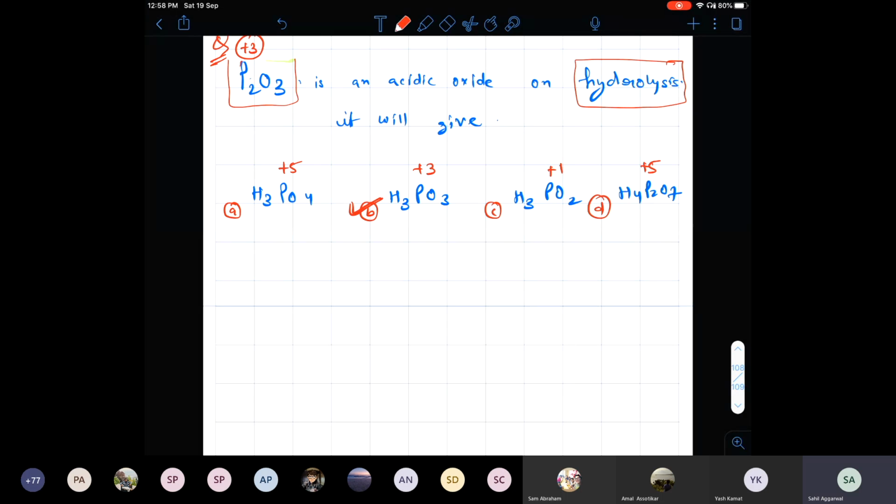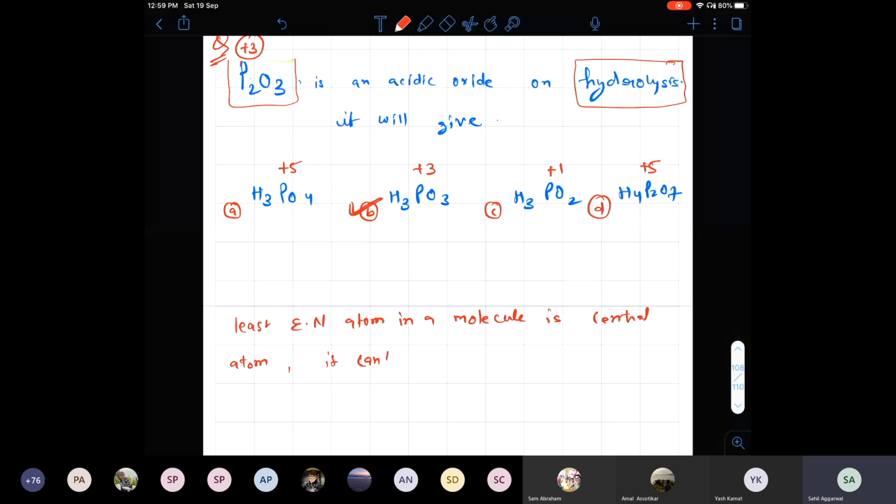I want all of you to write down this statement. Least electronegative element will be the central atom except hydrogen, because hydrogen can form only one bond. Least electronegative atom in a molecule is the central atom.